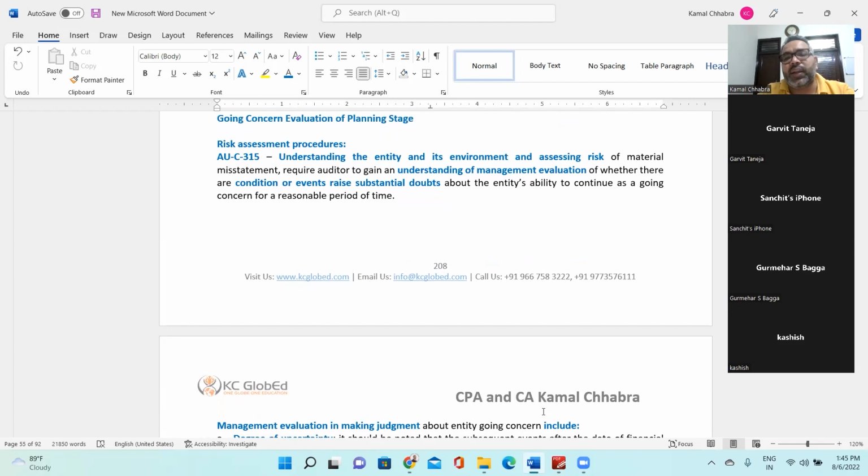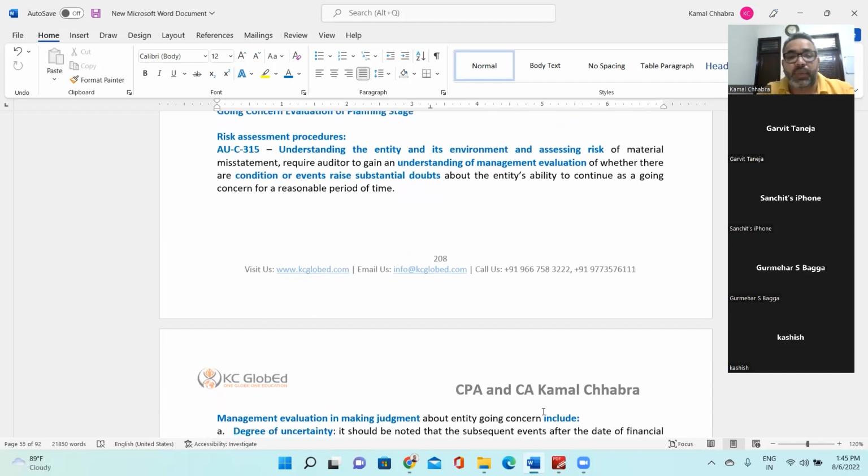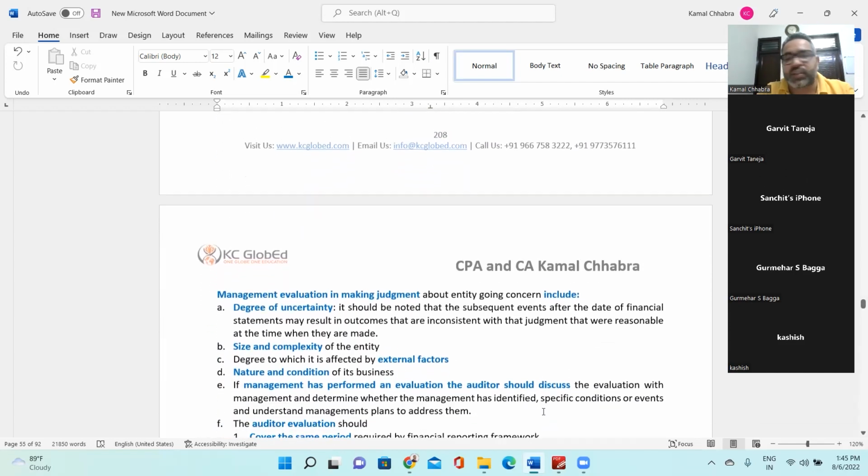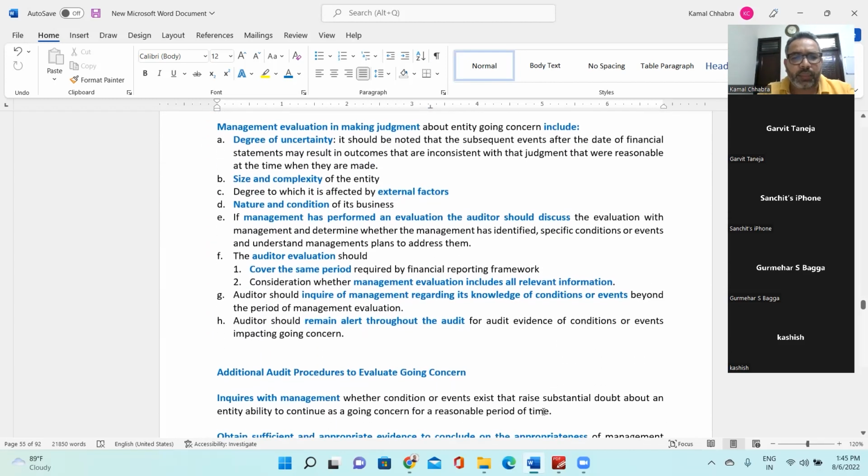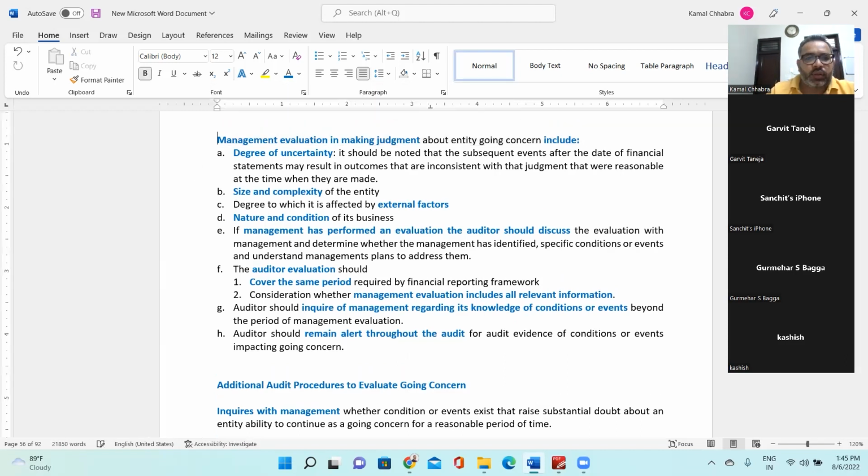It requires the auditor to gain an understanding of the management's evaluation of whether there are conditions or events that raise substantial doubt about the entity's ability to continue as a going concern for a reasonable period of time. Management's evaluation in making the judgment about the going concern includes the degree of uncertainty, complexity, and size of the operation, right?